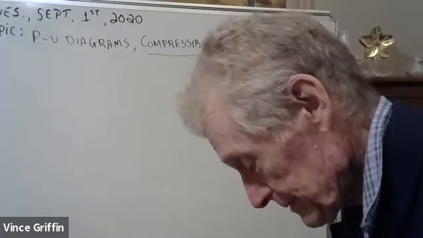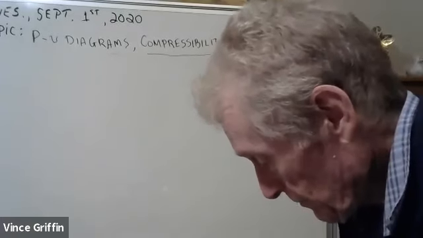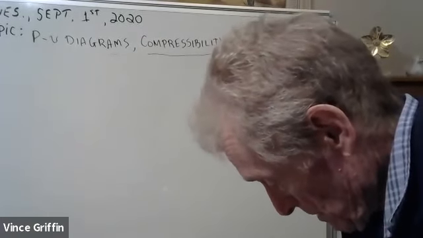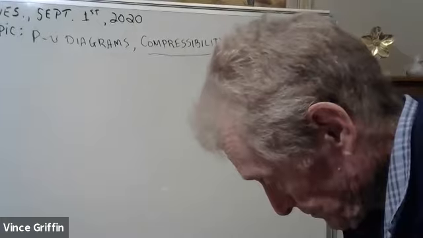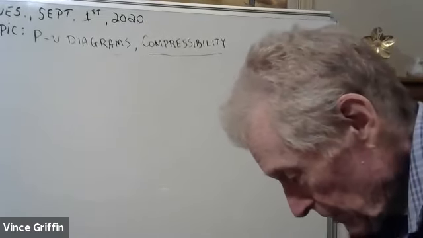Just out of fun here, I'll show you what that is. And if I can find it. R134A. I'm going to find it here. Let me keep looking. Yeah, here it is.